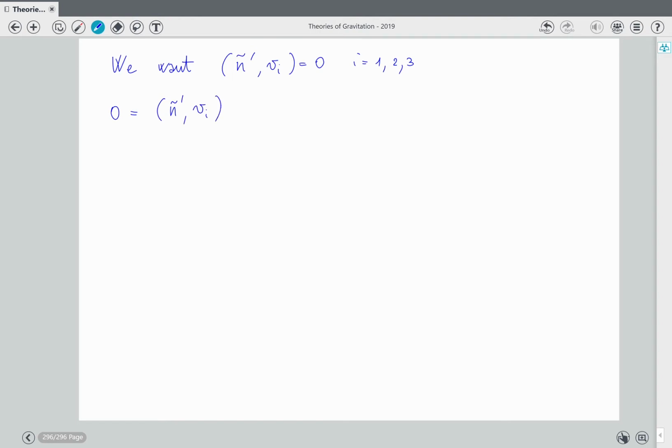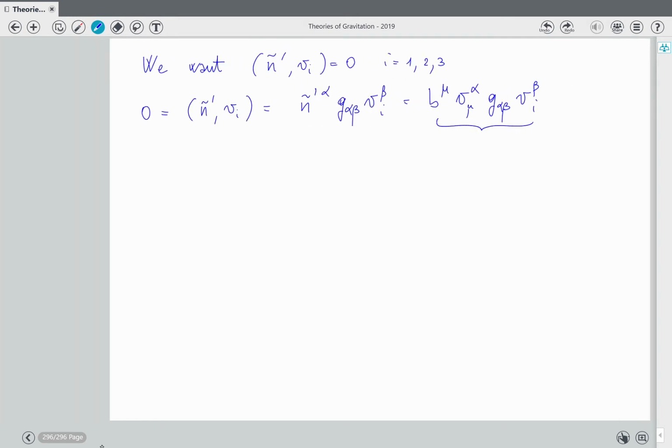N tilde prime VI, that is n tilde prime alpha G alpha beta V beta I. But n tilde prime is b mu v mu, so that will be b mu v mu alpha, that's component alpha, G alpha beta V beta I. Again, this is capital G mu I, and so we get B mu capital G mu I.